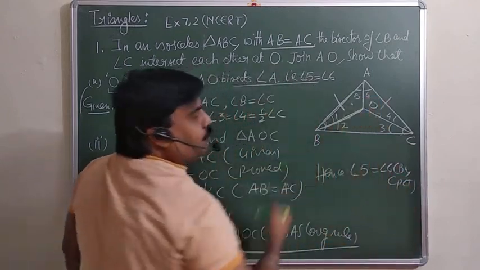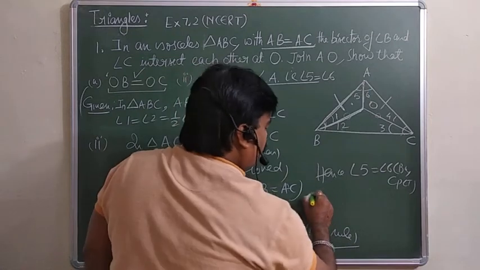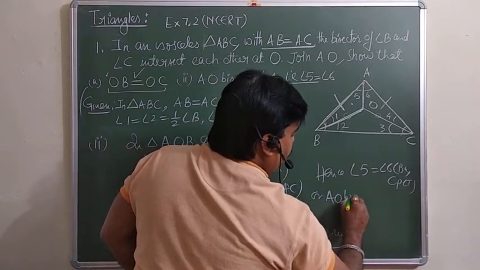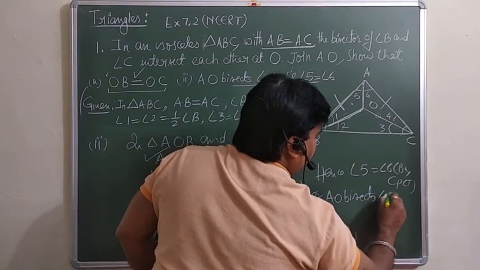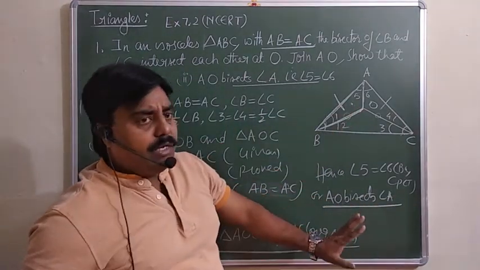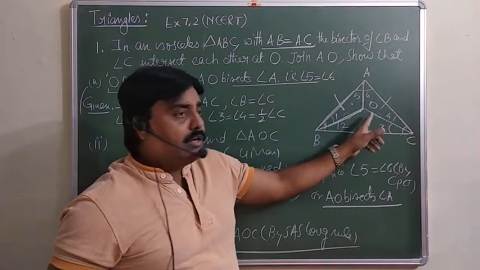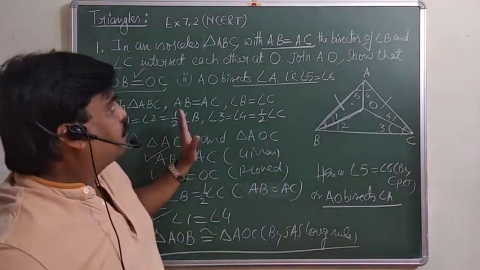And if angle 5 is equal to angle 6, AO bisects angle A. So simply by SAS you can do that. One more property, SSS, is also there, which we could have applied, but later on I will discuss that property.